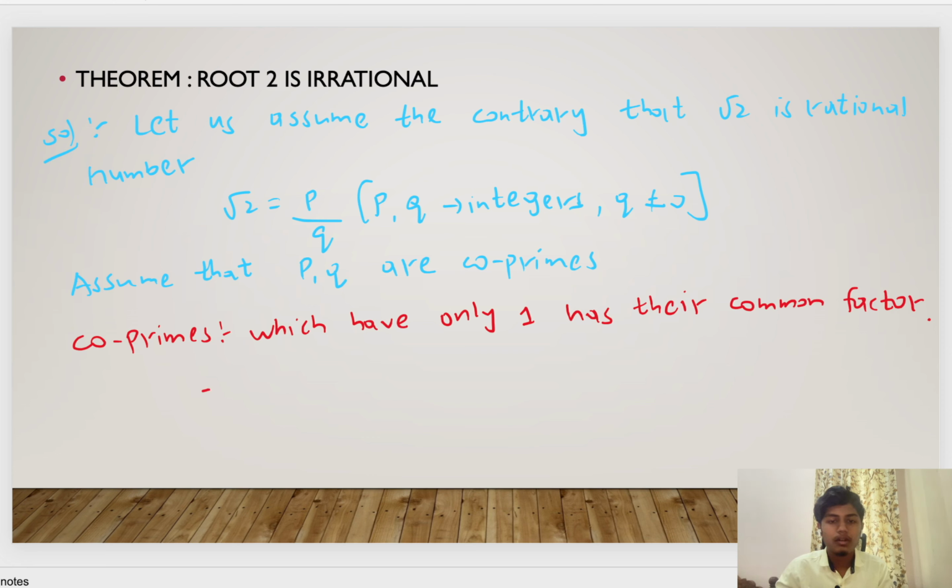So by solving the above equation, root 2 q is equal to p. By squaring on both sides, we get 2q square is equal to p square. This is equation number 1.